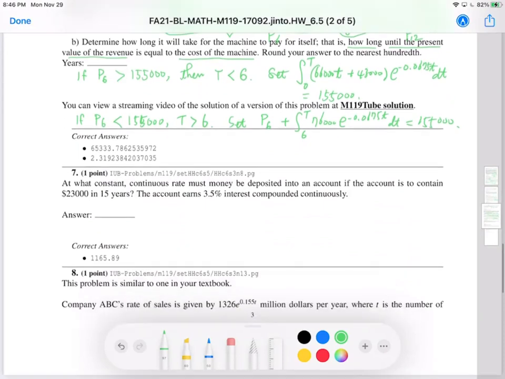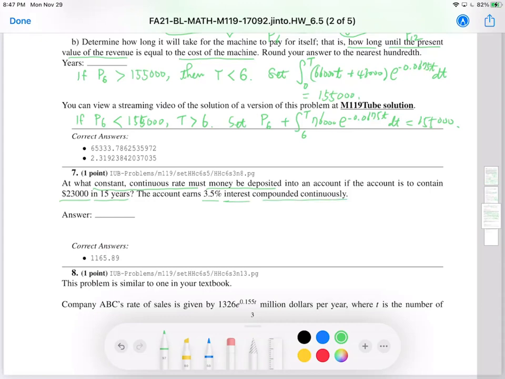And number 7, at what constant continuous rate should one make deposits, where the payment is a constant rate, if the account contains, okay, the future value is 23,000 in 15 years. Interest rate is 3.5% compounded continuously.